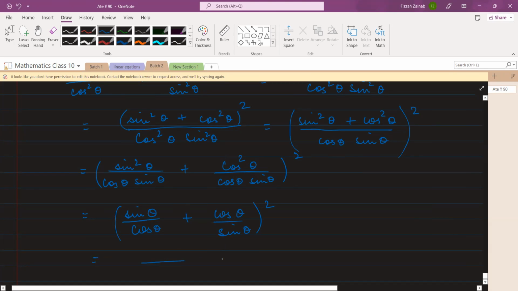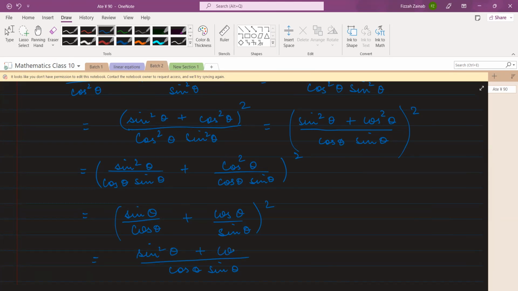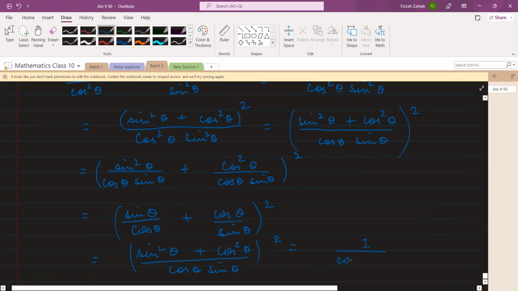Okay, now again take LCM, so cos theta sine theta. So now this becomes sine square theta plus cos square theta whole square, right? Now this becomes 1, so this is 1 upon cos theta sine theta whole square.